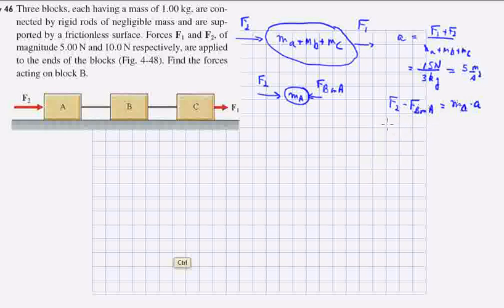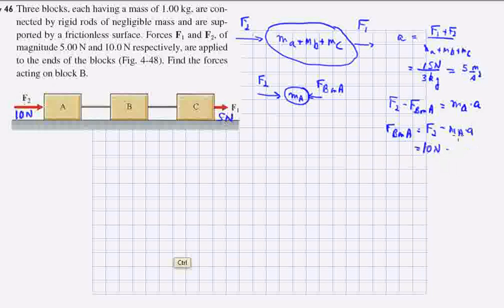So doing so, F of B on A is equal to F2 minus M_A times a, and so that's going to equal 10 newtons. Let's label these forces here. This is 10 newtons and this is 5 newtons.